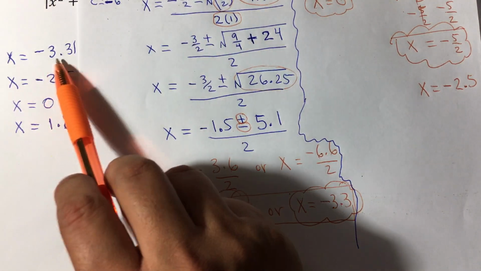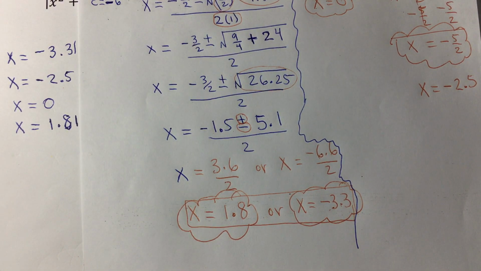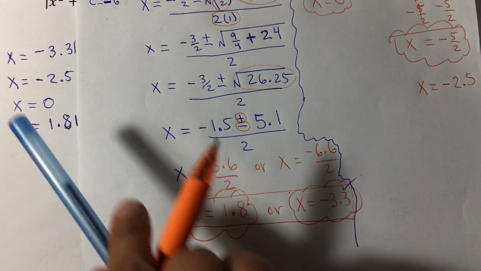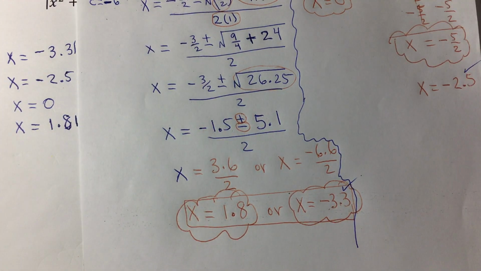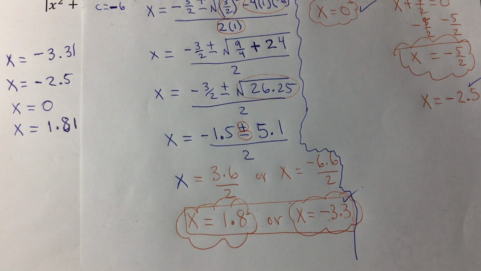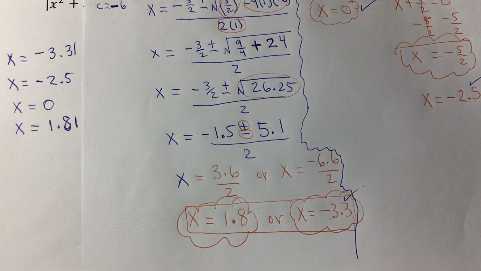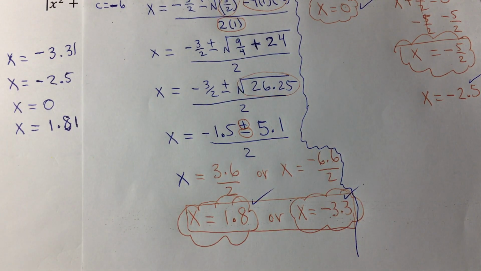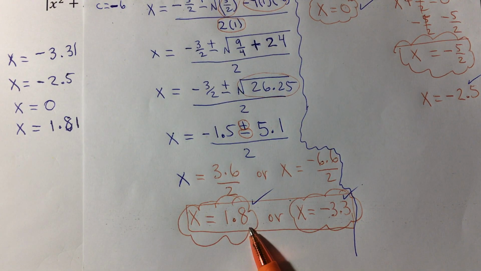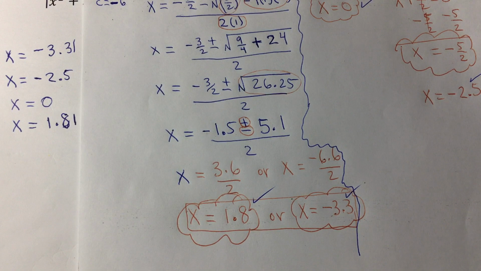So look at that, negative 3.31, negative 3.3. So this is the first one. Negative 2.5 is this one right here. 0 is this one right here. Positive 1.81 is this one right here. Again, these are rounded to the tenths. This was rounded to the hundredths, but you get the same answers, right?